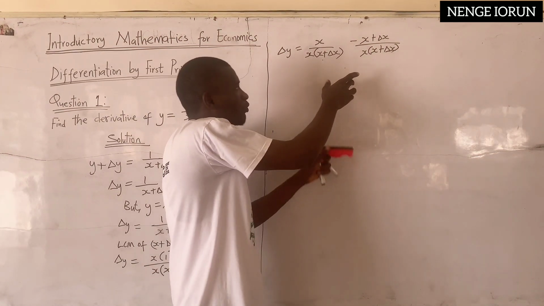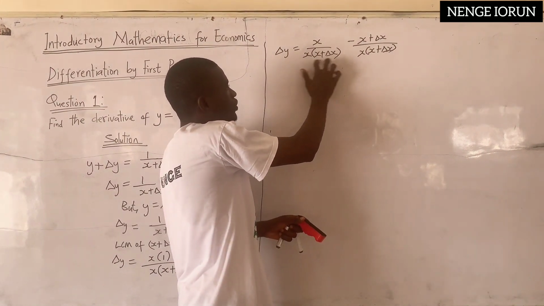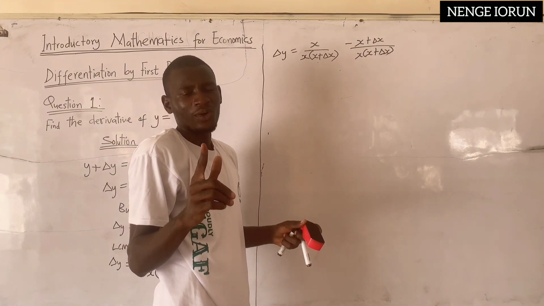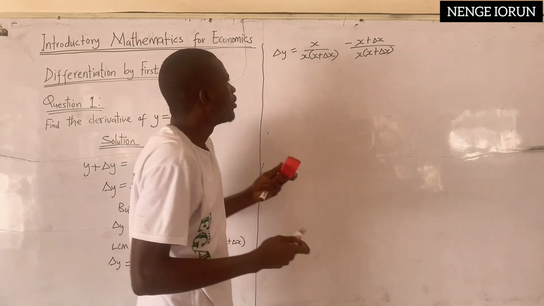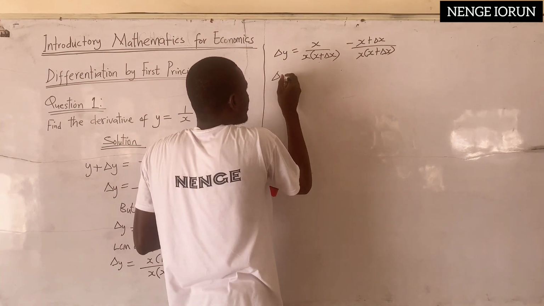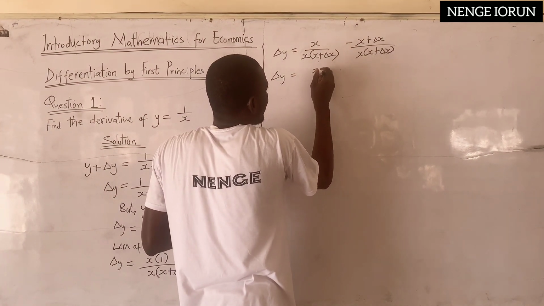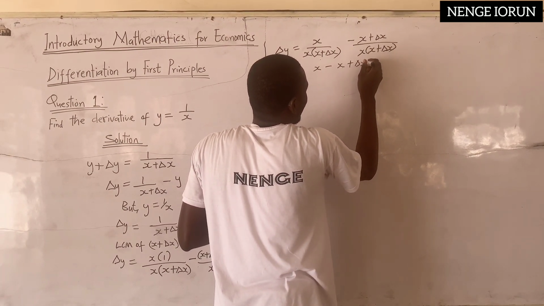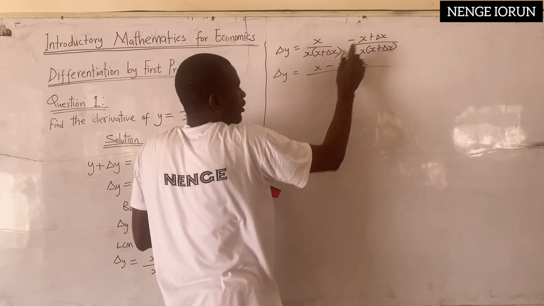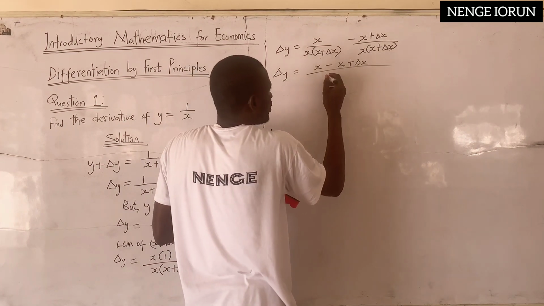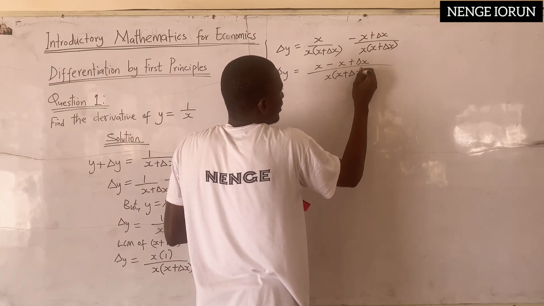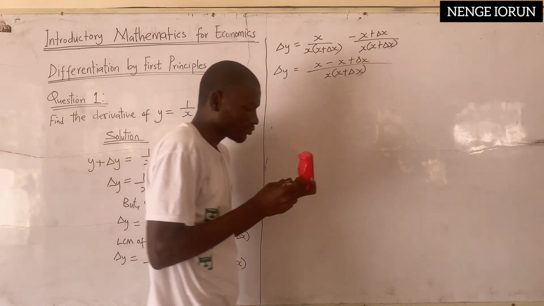Now, you discover that you have common denominators. This one and this one, they are common. So by rules of fraction simplification, you're going to take one denominator. So you will have delta y is equal to x minus x plus delta x. This is for the numerator. Then pick one denominator, which is x into x plus delta x.